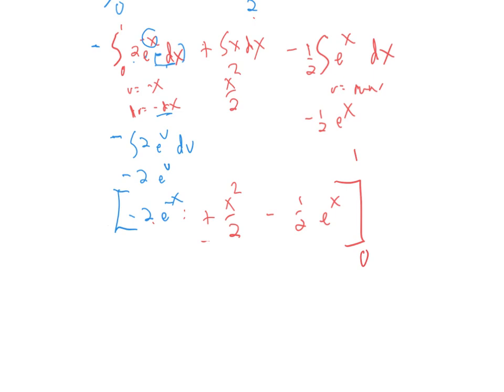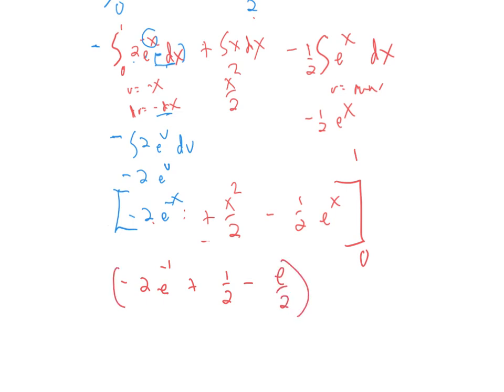So that's negative 2 e to the negative 1 plus 1/2 minus e to the 1 is e. That gives me minus e over 2.